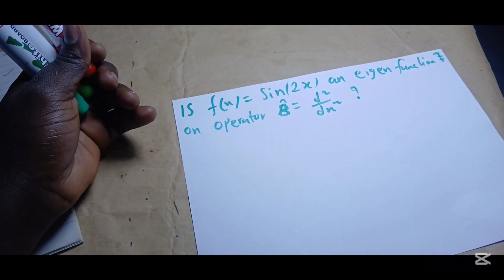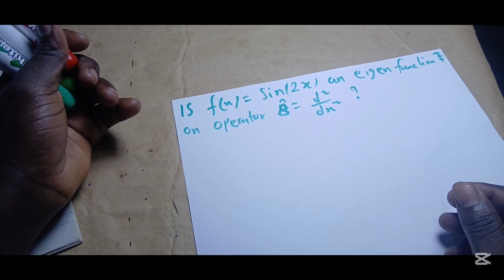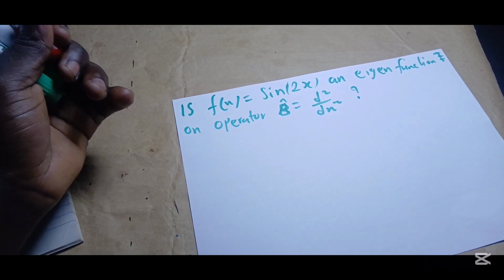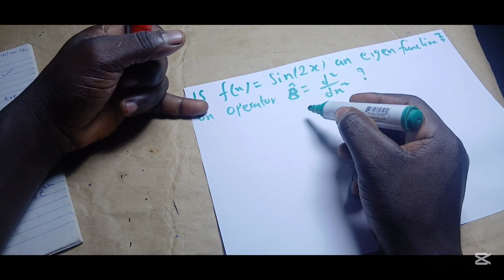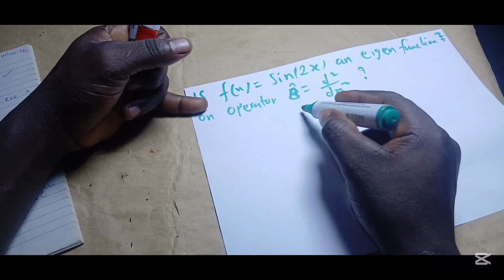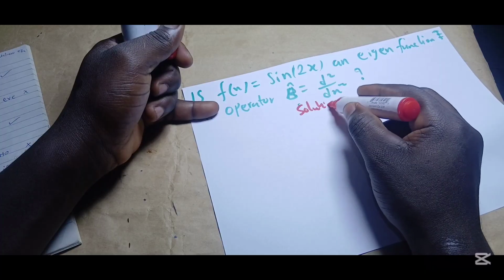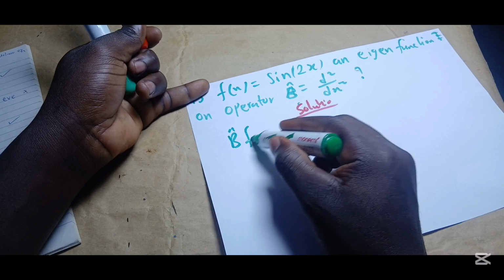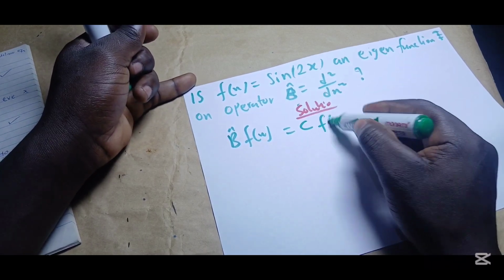Is f of x equal to sine 2x an eigenfunction of operator B, equal to the second derivative with respect to x? For f of x to be an eigenfunction, if operator B operates on f of x, we should get a certain constant and f of x back.